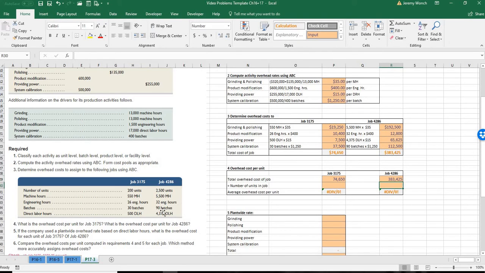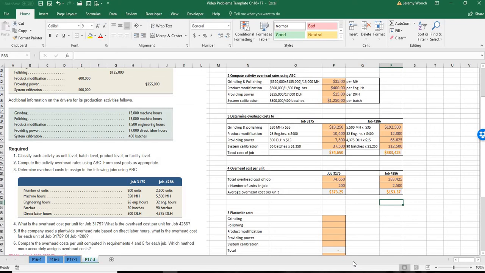The total number of units in the job is given right here at 200 and 2,500. For cost per unit, we got $373.25 for this job and $153 for job 4286. That's based on ABC costing.